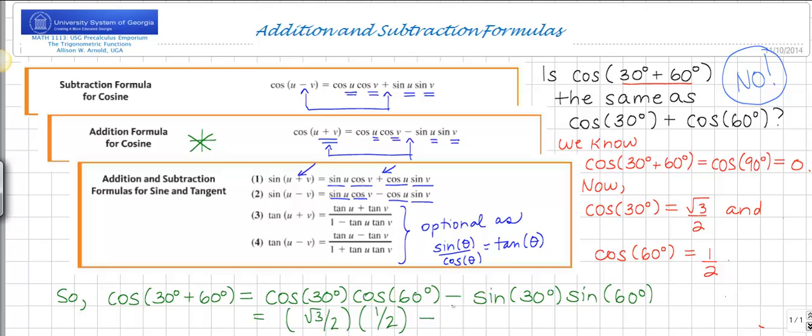We can see cosine of 30 is root 3 over 2, cosine of 60 degrees is 1/2, sine of 30 is 1/2, and sine of 60 is root 3 over 2, and voila, it does give you the value 0 that we know we should get.